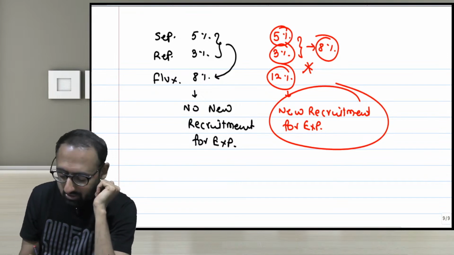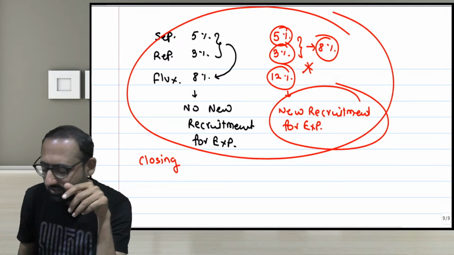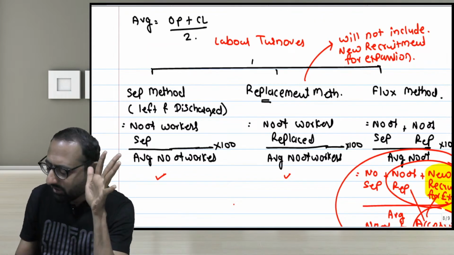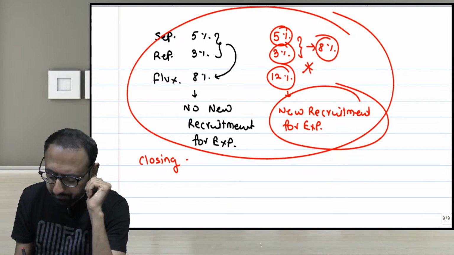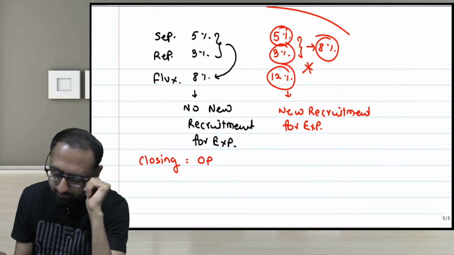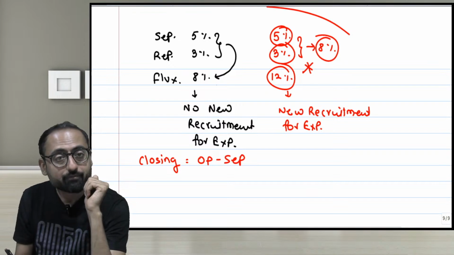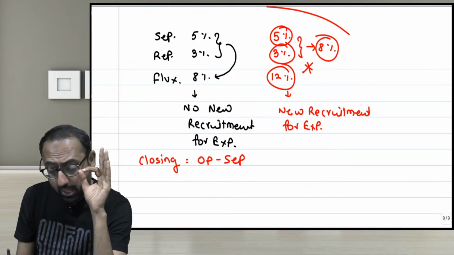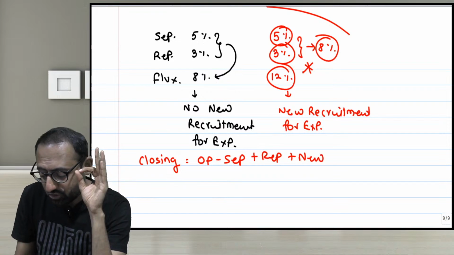Next, sir, closing number of workers. This is given in your notes as well; all these observations and formulas are given in your notes. Closing number of workers is equal to opening workers minus workers separated, plus workers replaced, plus new recruitment for expansion.